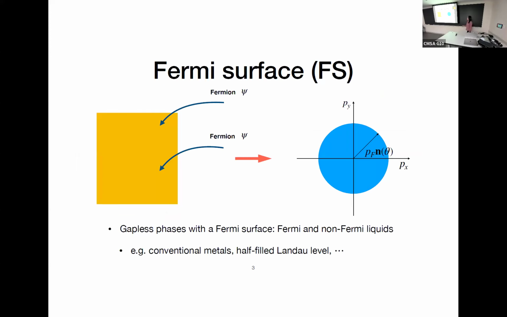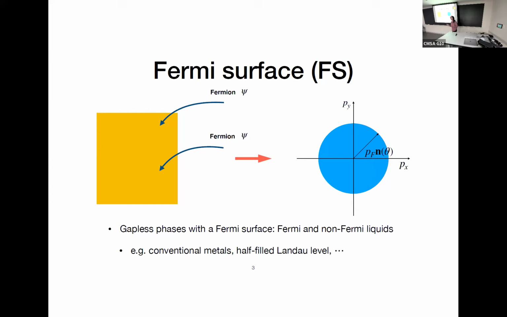So what is the system that we want to understand today? It's a system with a Fermi surface. Let's do a thought experiment and consider a box.